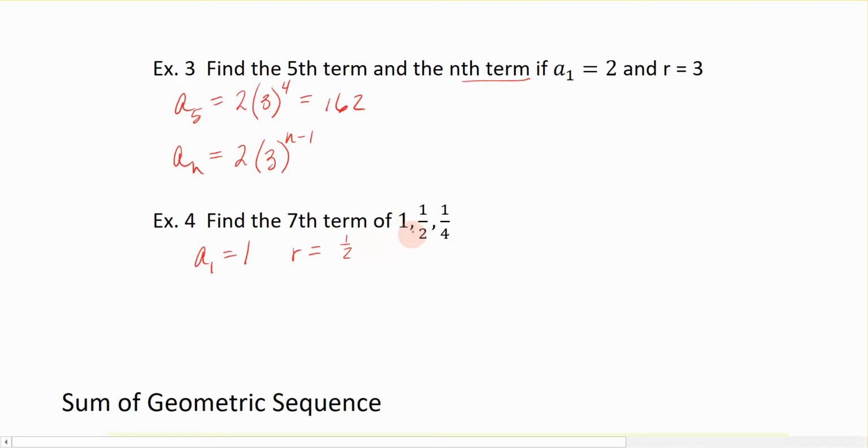So r is 1/2. If I'm looking for the seventh term, a sub 7 would be equal to the first term times r raised to the 7 minus 1, which would be 6, and that gives me 1 over 64. That's the seventh term of this geometric sequence.